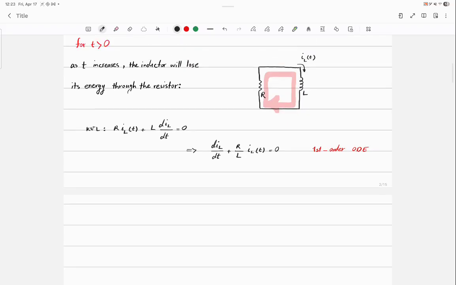Okay, and here is my argument. So what does dIL over dt mean? The derivative. Okay, the first derivative plus some coefficient that I'm going to, let's rewrite it like that.